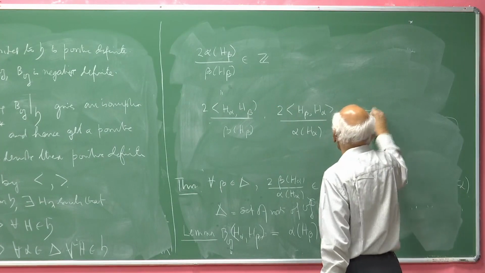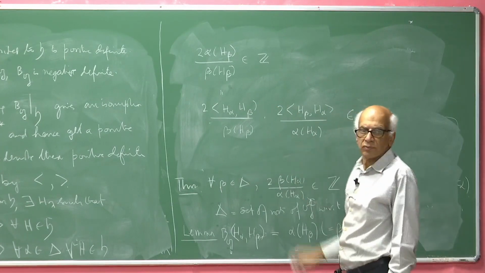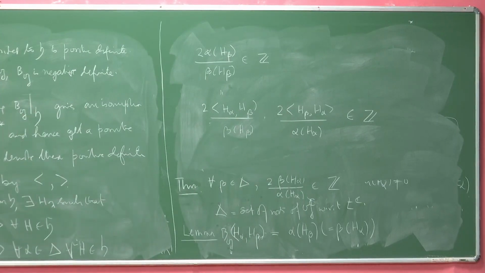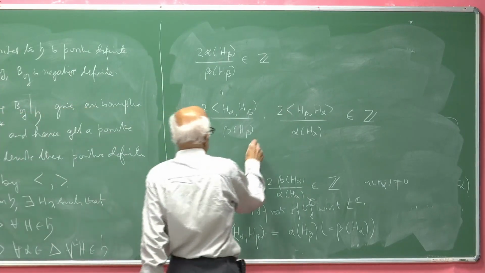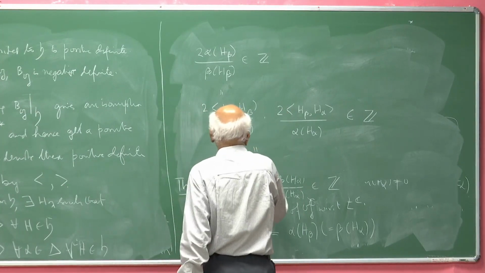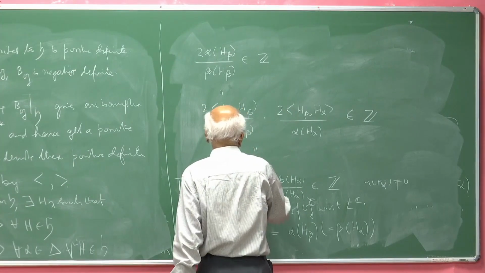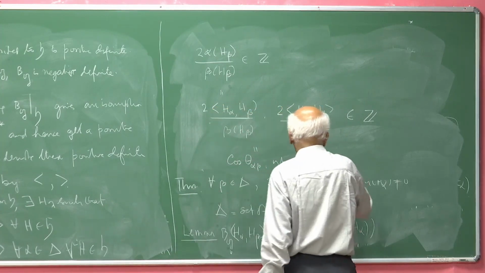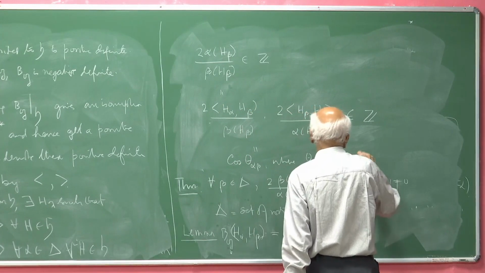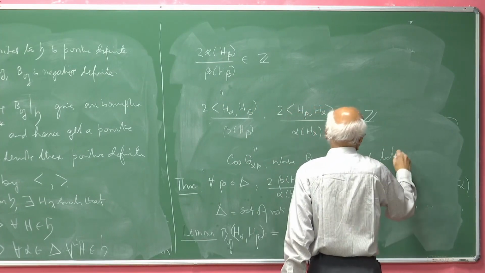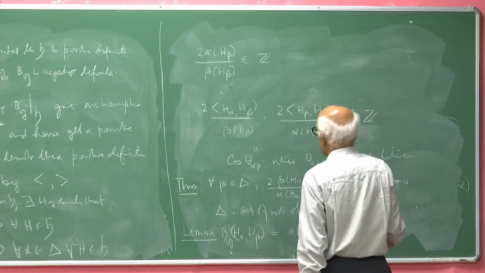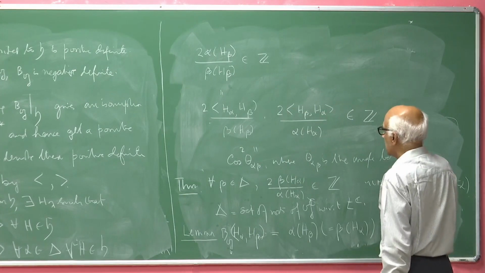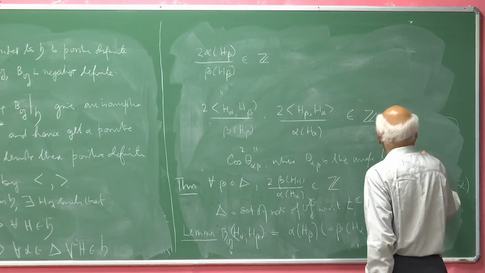So this product is in Z. What is this product? I say this is nothing but 4 cos square theta, where theta alpha beta is the angle between H alpha and H beta.